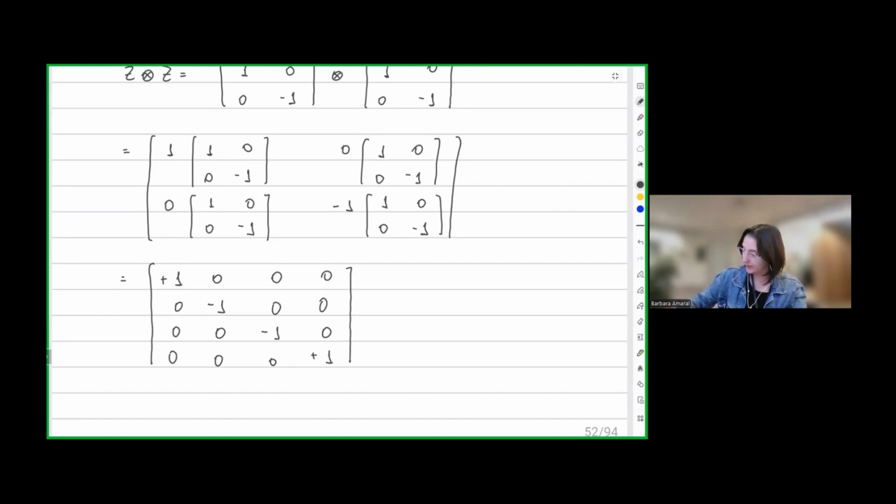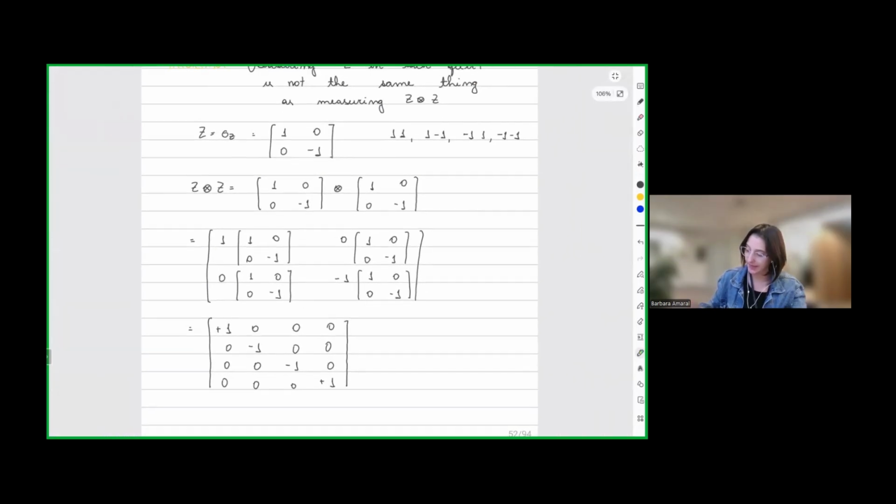So see what we have here. The eigenvectors of this matrix are also eigenvectors for the measurement of each qubit. But here I have degeneracy. I have just two eigenvalues, okay?